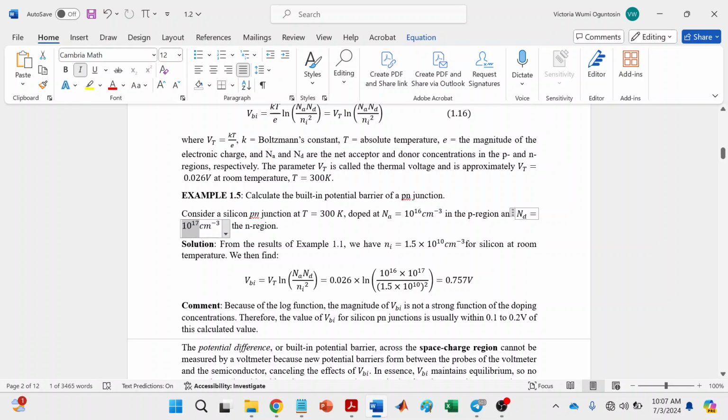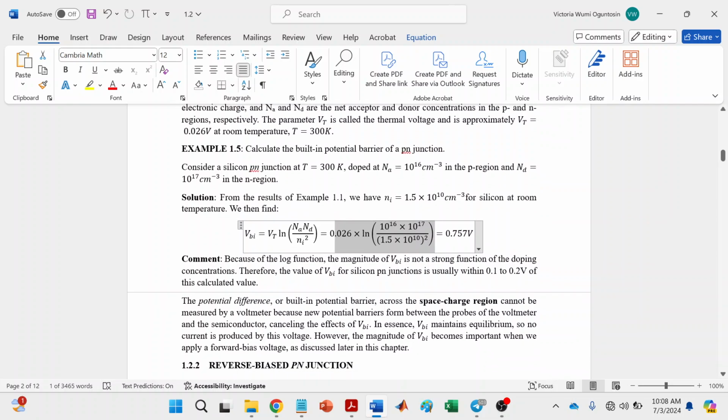So in order to calculate the built-in potential barrier, we need the intrinsic carrier concentration. So we've gotten that previously as this value. So we calculate the built-in potential barrier as 0.7 volts, but this is the value we calculated.